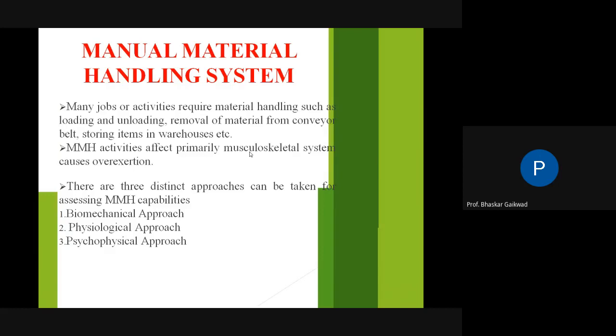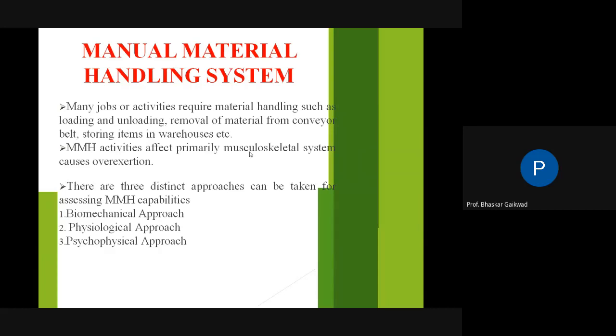So man's jobs or activities require material handling systems such as loading and unloading. In industry, to put the job inside the truck, or we can remove the job from the truck. Raw materials, suppose we are purchasing raw material from outside, need to be removed from that truck to our company's premises, unloading.